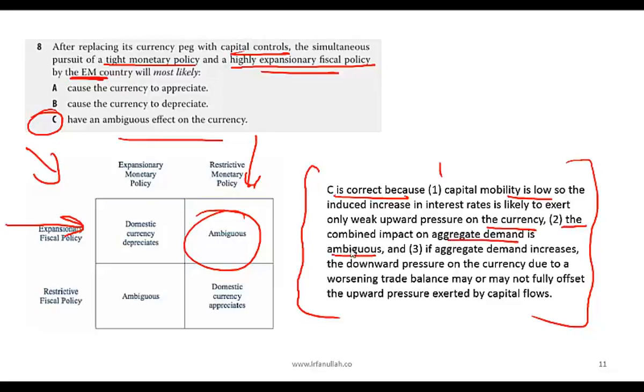When you have an expansionary fiscal policy, what happens to aggregate demand? It's up. When you have a restrictive monetary policy, what's the impact? It's down. So what's the combined impact? Ambiguous. Third point, if aggregate demand increases, the downward pressure on currency due to a worsening trade balance may or may not fully offset the upward pressure exerted by capital flows.